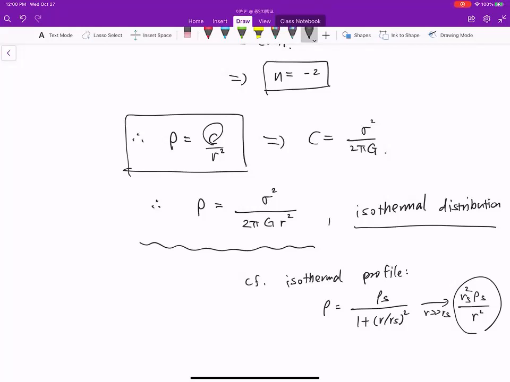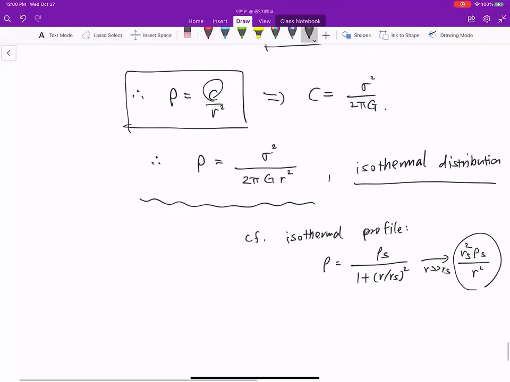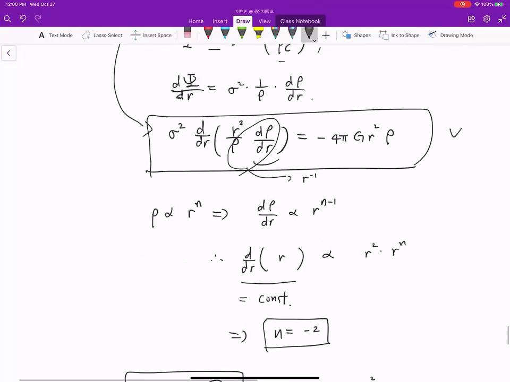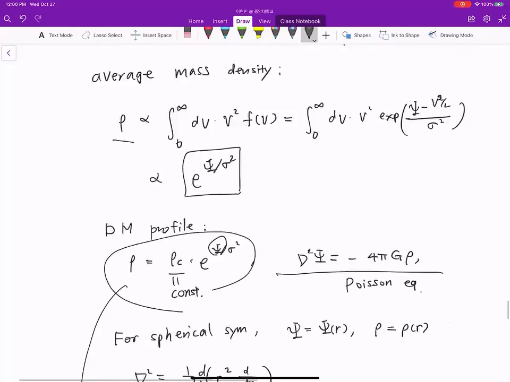So because of that, maybe you can infer the product of the core radius scale and core mass density in comparison to the isothermal profile as discussed before. So this is the implication for dark matter density according to the phase space distribution.